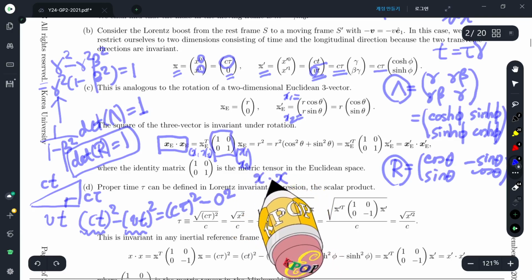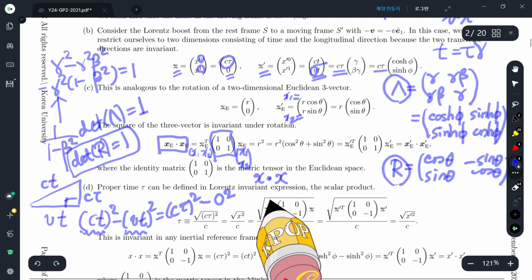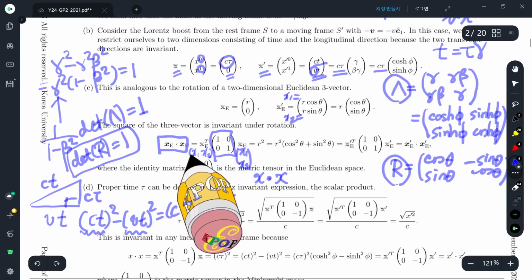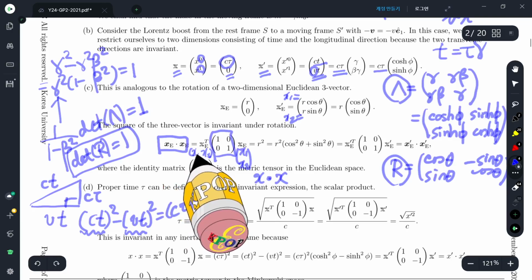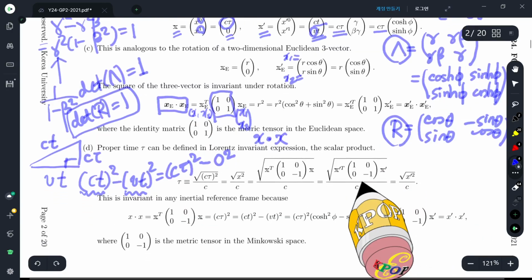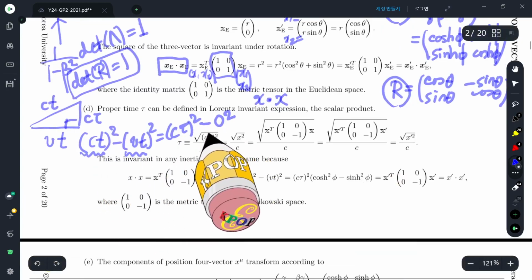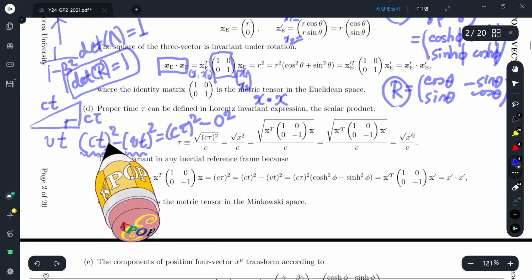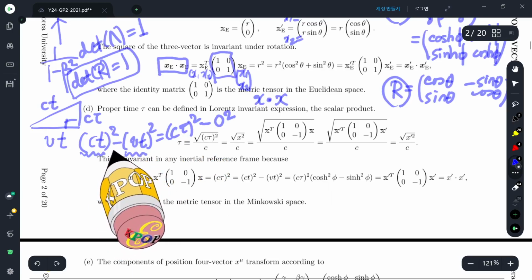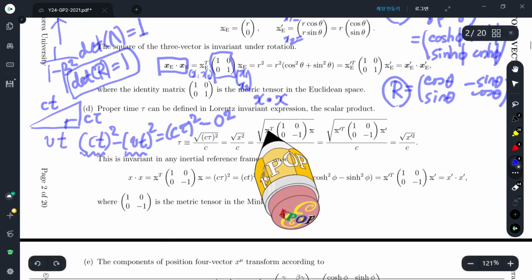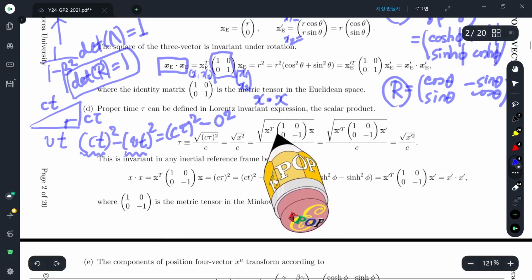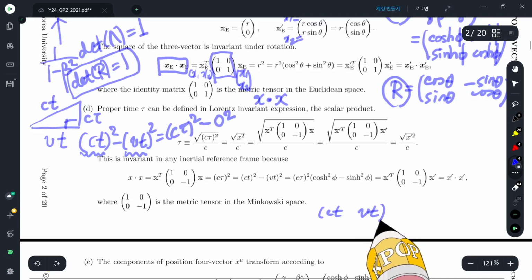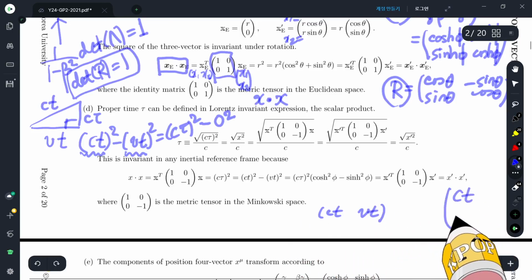The square of a 4 vector is defined in a different way in comparison with the square defined in the Euclidean space, and that should be invariant. In order to write this kind of square in terms of matrix representation, what we would have is just Ct, Vt as a transpose and Ct, Vt.